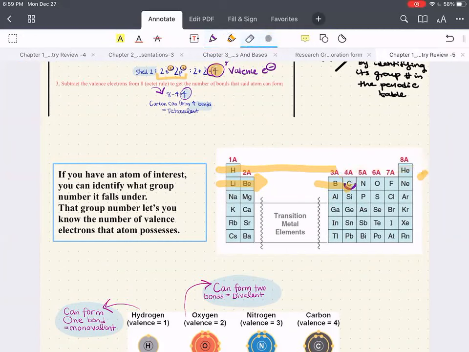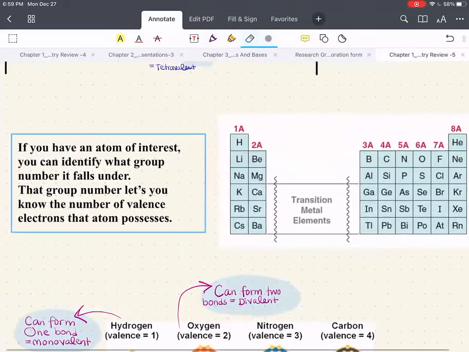So again, let's find carbon. Here's carbon. It falls under group number 4. That means that carbon has 4 valence electrons. Very easy. And then if you wanted to know how many bonds it can form, again, just 8 minus 4.